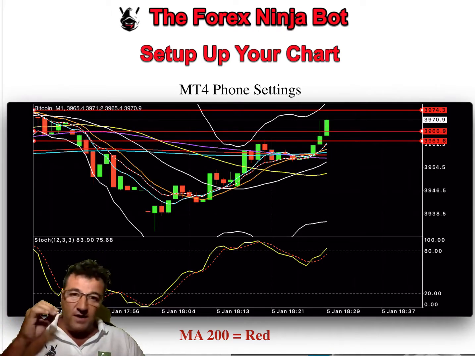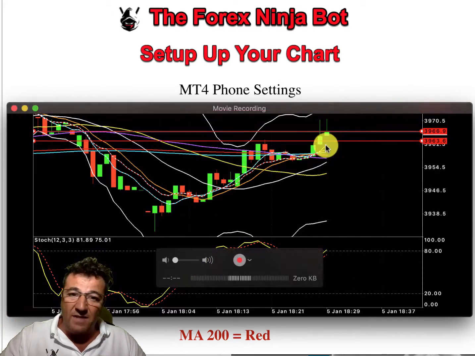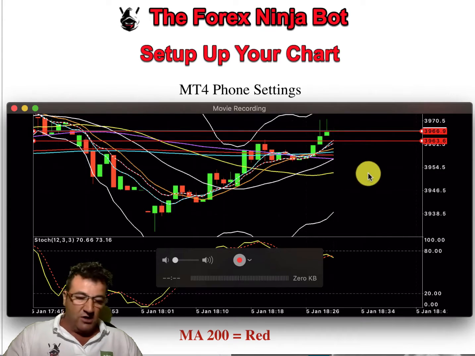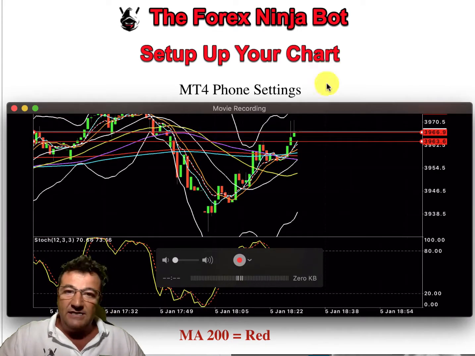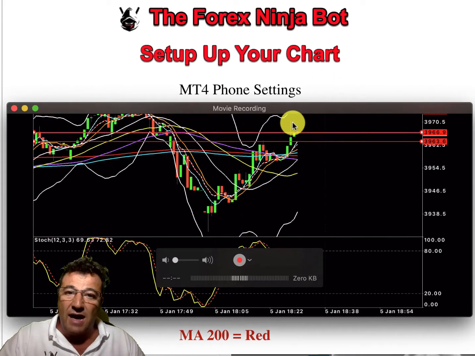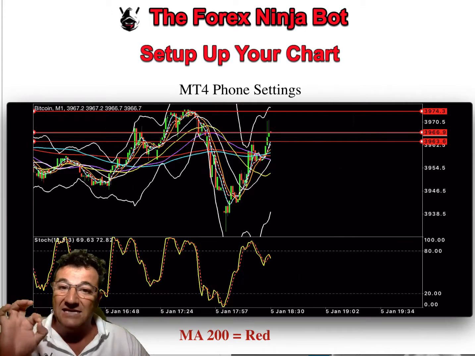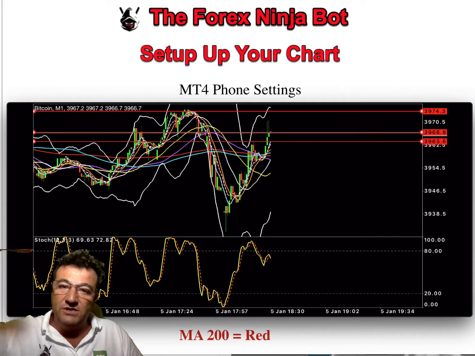So the further the price is away from the 8 exponential moving average, the bigger the chance of it retracing back. Let's minimize it and see what happens. The price came to a high of just below the white Bollinger Band. The Bollinger Band also acts as a line of support and resistance.